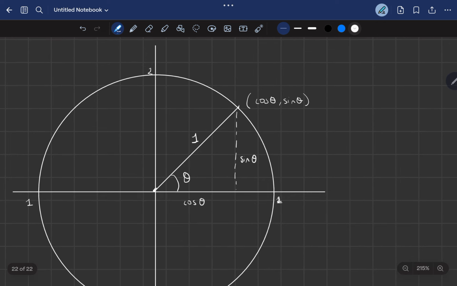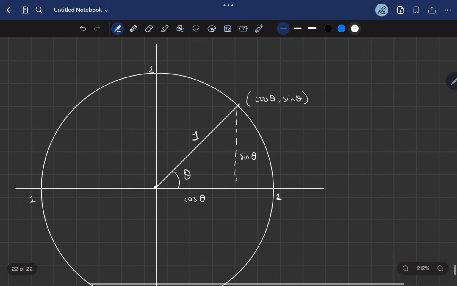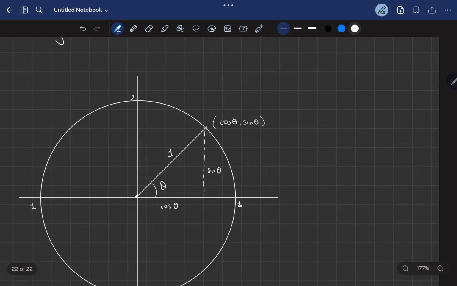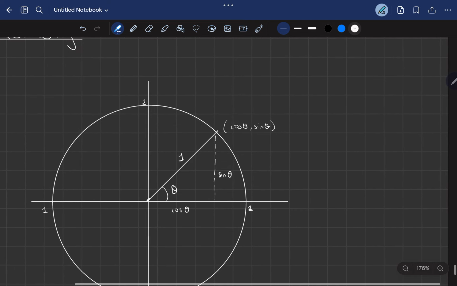Okay? Now, this is going to be true anywhere along the circle because my coordinate is dependent on the value of theta. Now, what this also means is that I'm going to draw this in blue, if my line to the circumference was straight up, then theta would be 90 degrees.